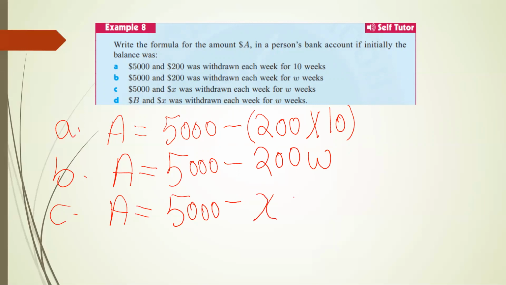So it's X multiplied by W. As for the last one, D, the total amount is, he did not specify the initial amount we have started with, but he said it's B dollars. So we started with B dollars minus, because this is withdrawn again, minus X times W weeks.